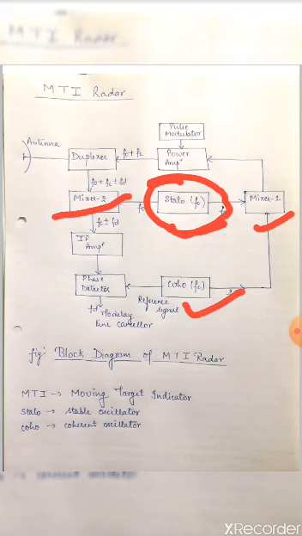As we already discussed, the MTI differentiates between the unwanted signals and the target. The stalo helps here to discriminate the clutter part and to easily detect the target.